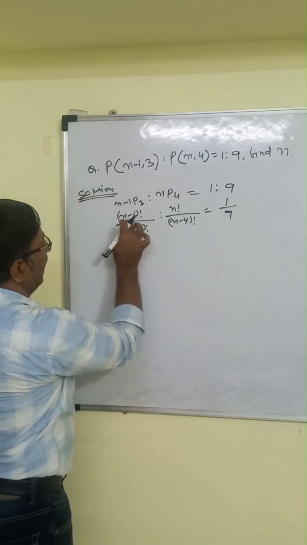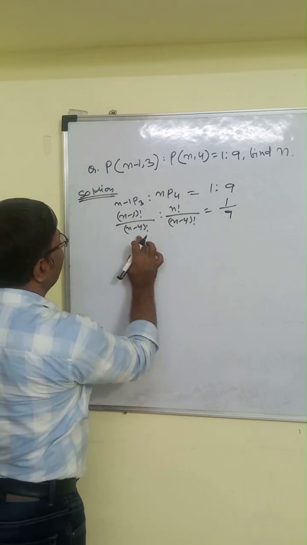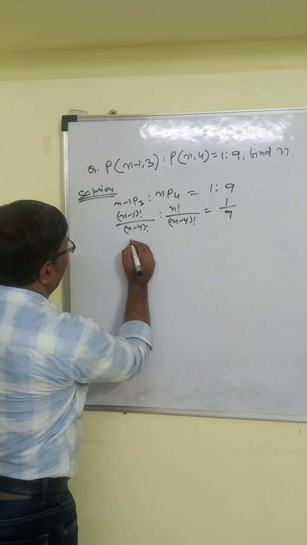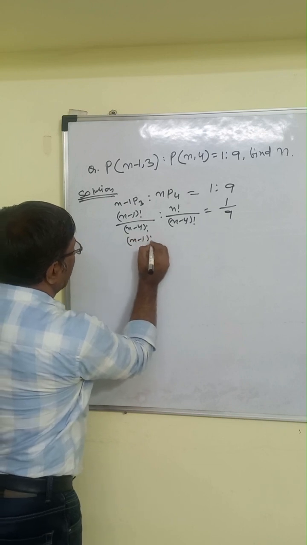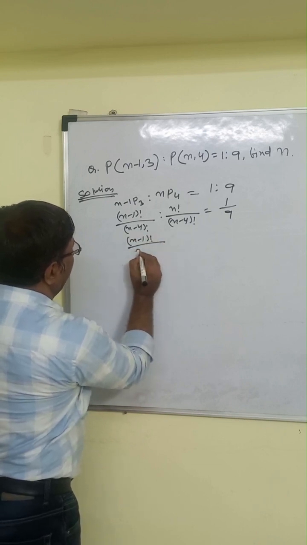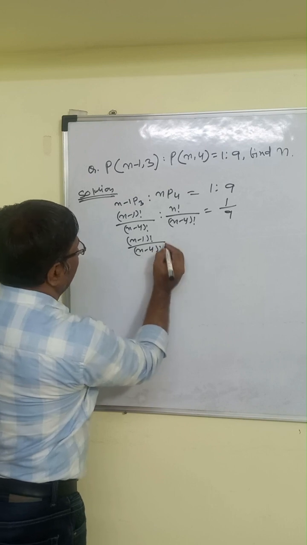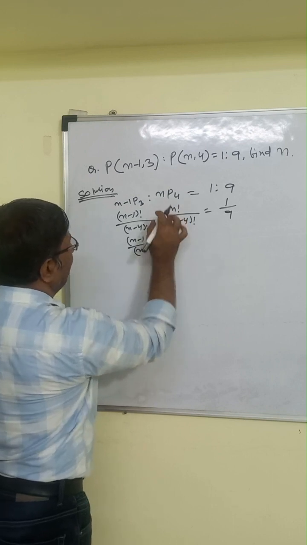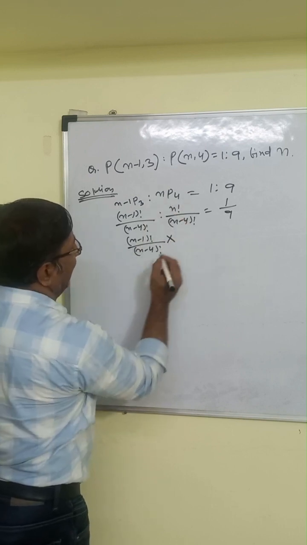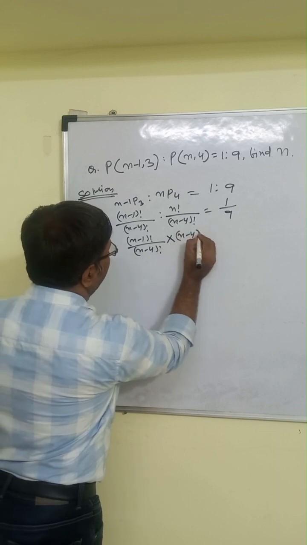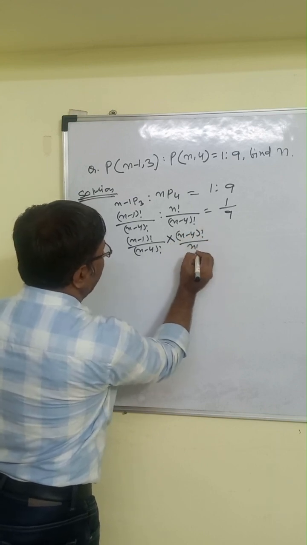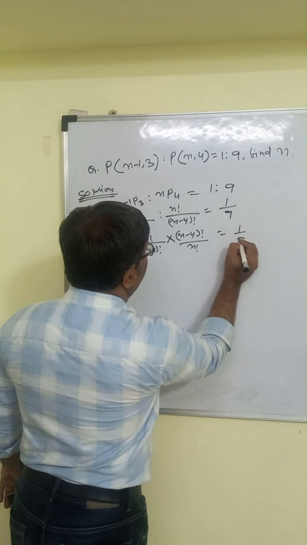Now you know this is n minus 1, this is n minus 4, this is n minus 4. So we can write (n minus 1) factorial and divide (n minus 4) factorial. This ratio means what? Divide. So when we change it to multiply, it will be the reciprocal: (n minus 4) factorial upon n factorial. And this equal to 1 by 9.